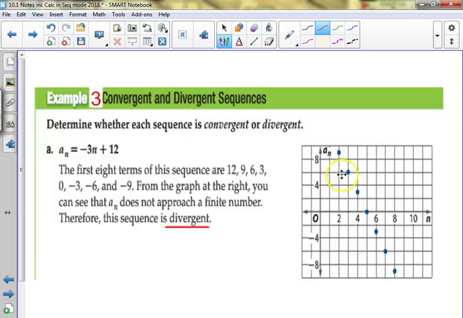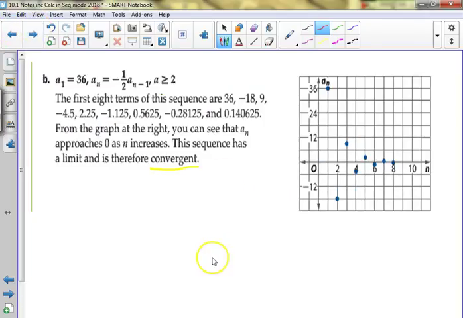So if we graph and get this, converging, diverging, diverging, okay? Converging, diverging gives you a formula up here, but it's multiplying by -1/2. So it goes positive term, negative term, positive term, negative term, positive term, negative term. But are they still getting closer and closer to 0?